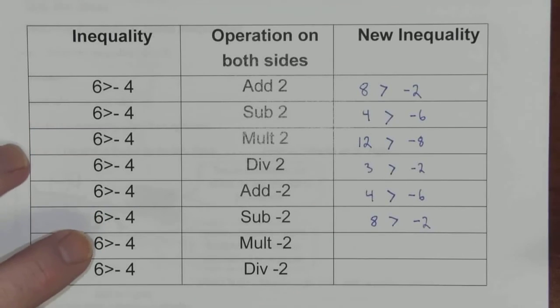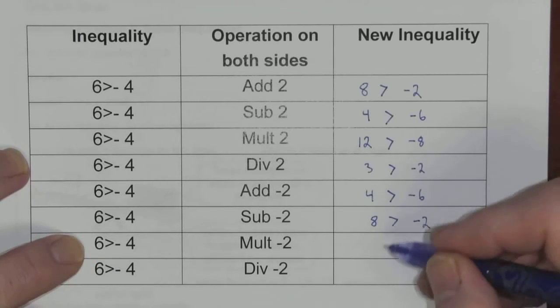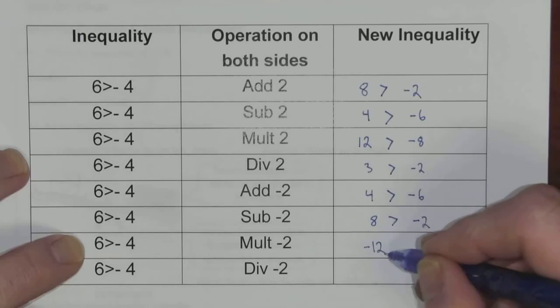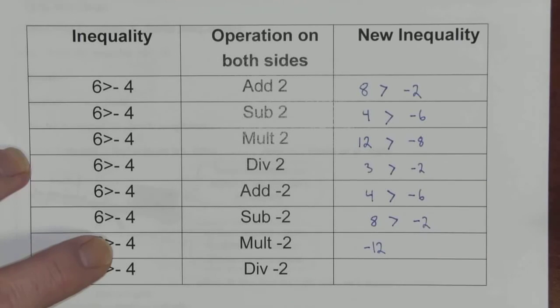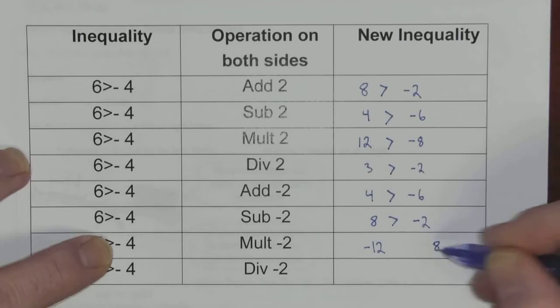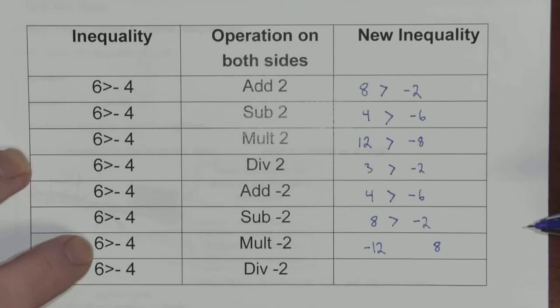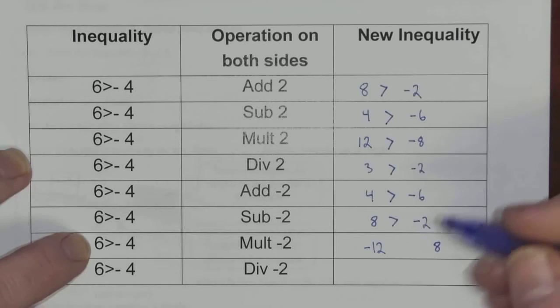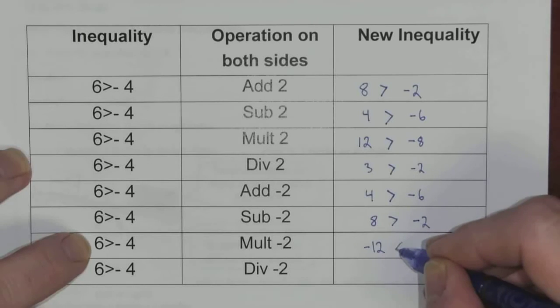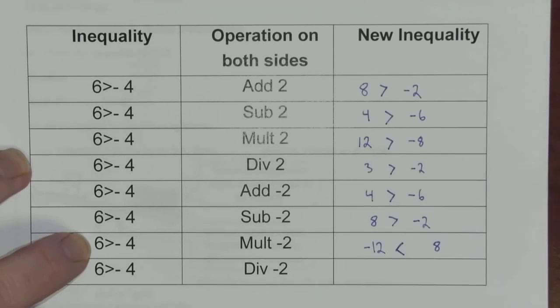Now, these last two are special cases. When you're multiplying by -2, 6 times -2 is -12. That's fine. -4 times -2 becomes 8. Now, these are special cases. When you're multiplying by a negative number to both sides of your inequality, your sign is actually going to change to the other direction.